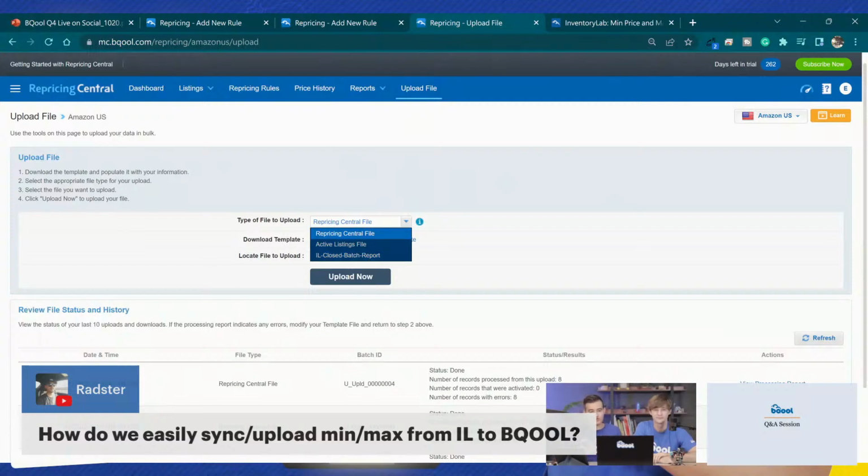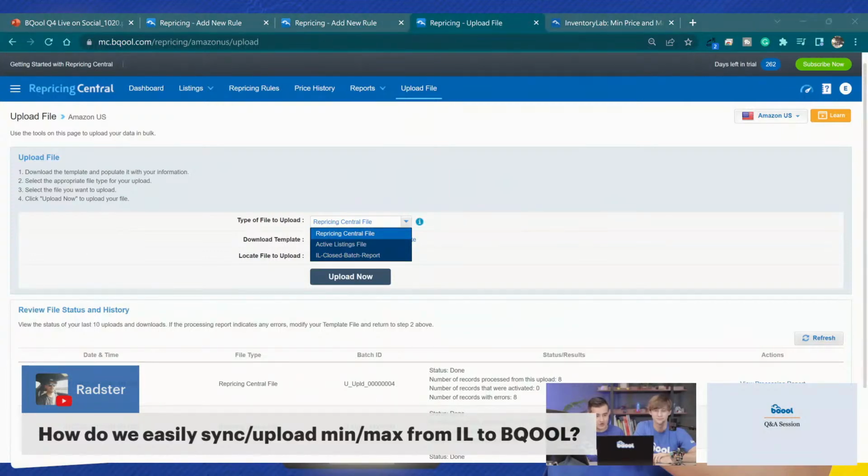Another way is to use our upload template to put the min and max prices in there. Just copy them from Inventory Lab, and then you can upload that into BQool to get all your mins and max prices. Yeah, to answer your question, Radster.